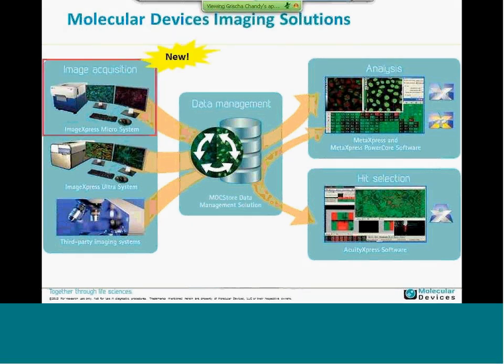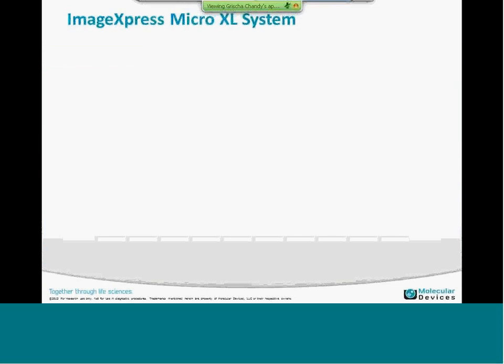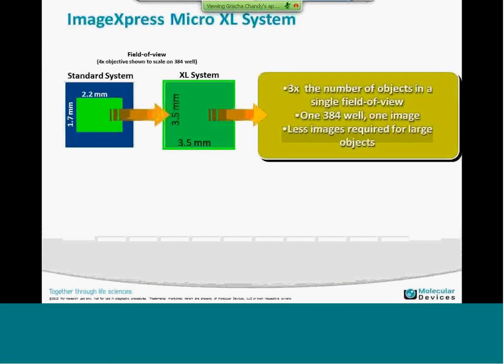Just to mention some improvements on the hardware. If you know, we have the XL system and we have the standard system, and the top compares the field of view of those two systems. The XL has a bit over 3 times the field of view of a standard ImageXpress screening system. The big box is a 384 well, and the small green box is the field with a standard camera.